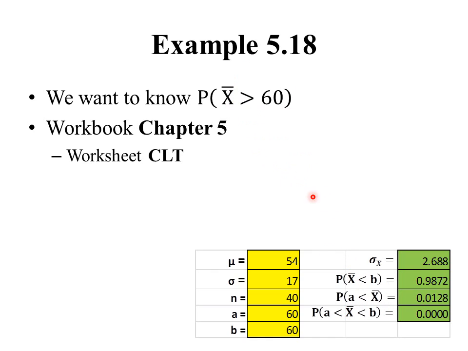What's important is that x bar is bigger than the number. So we want to know this number right here, 0.0128. So there's our solution, 0.0128. So there's about a 1.28% chance that a sample of 40 patients is going to have a cholesterol that's greater than 60.